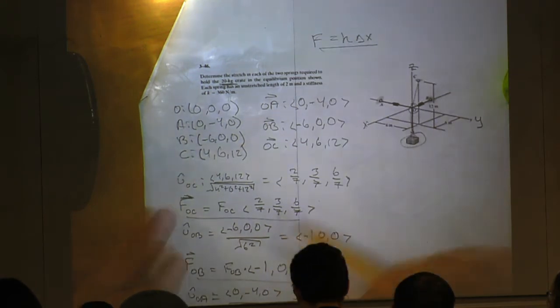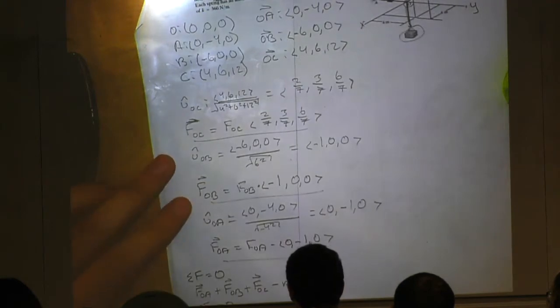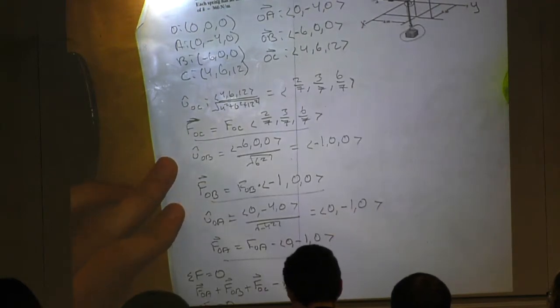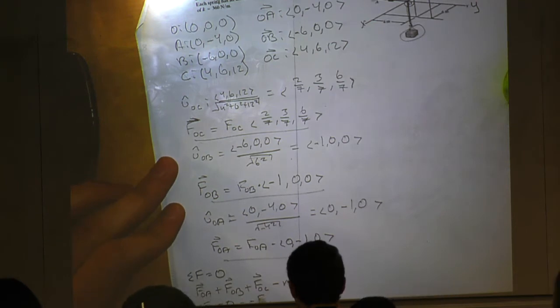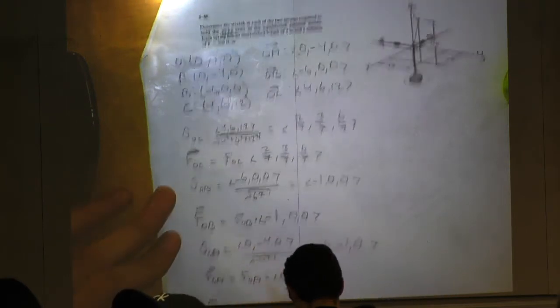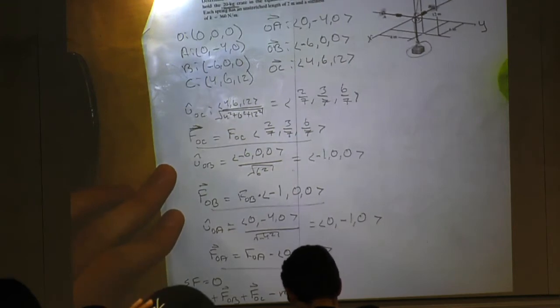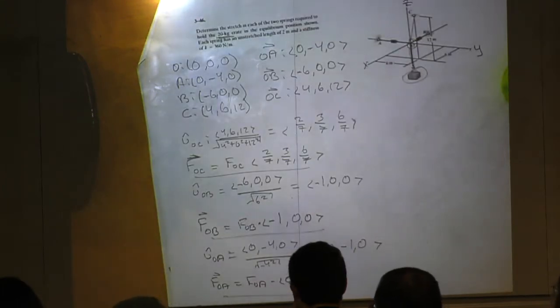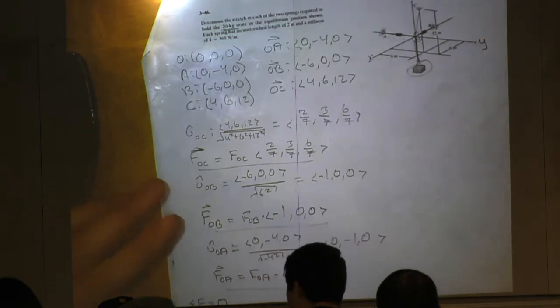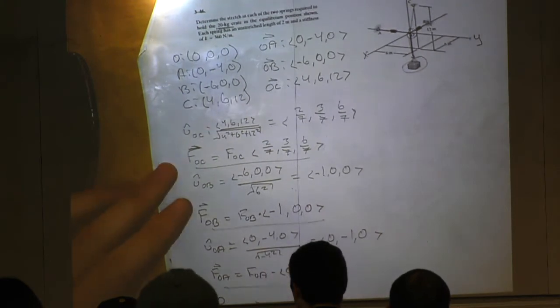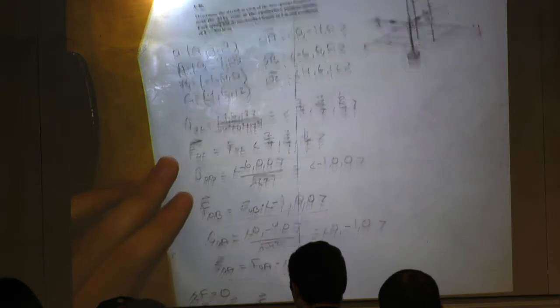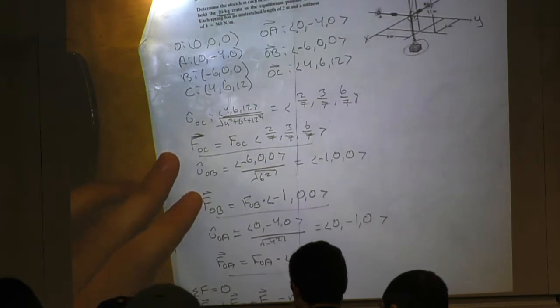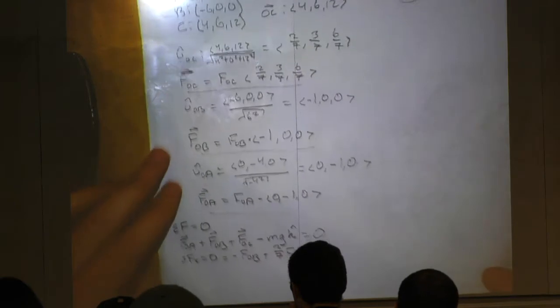So I'm working with two variables: 0 equals negative F_OB plus 2/7 F_OC. I notice some of you may be recording or streaming this. It is available online, on YouTube I believe, and there should be a link somewhere, so if you want a higher quality recording, it'll be available there. So I have two variables and one equation.